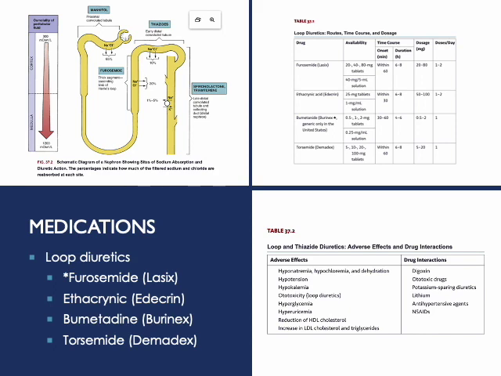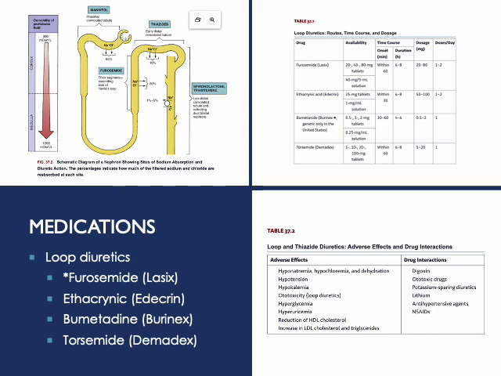All of them can be used for edema caused by CHF, chronic renal disease, cirrhosis, but furosemide, like furosemide, is approved for hypertension. So those are the only two that you would use. So Lasix and the Demadex, you could also use for hypertension.